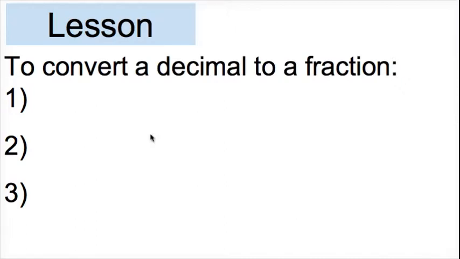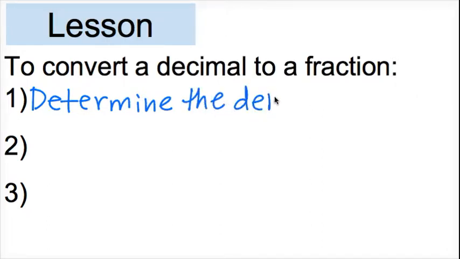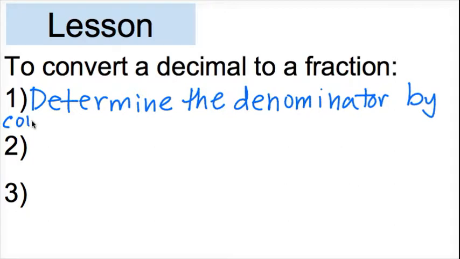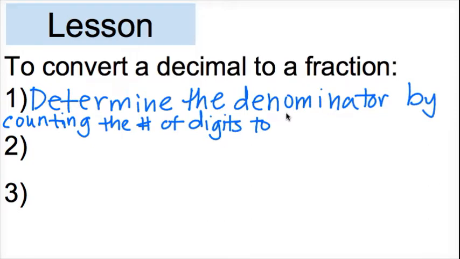The first thing we're going to do is determine the denominator by counting the number of digits to the right of the decimal.